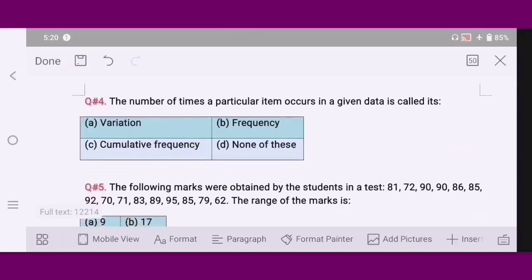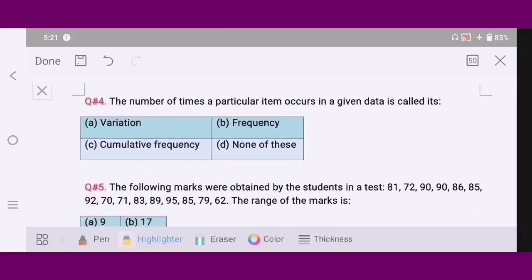Question number 4. The number of times a particular item occurs in a given data is called. We have options variation, frequency, cumulative frequency, and none of these. So variation has nothing to do with the number of times a particular item occurs.